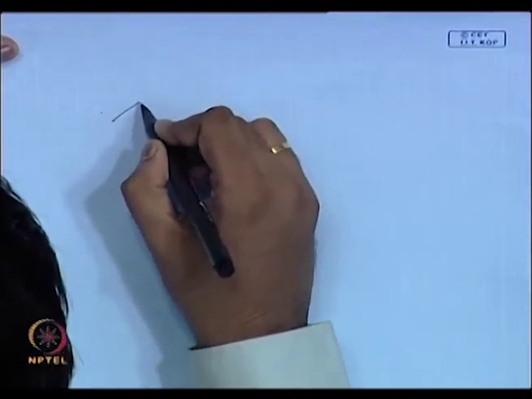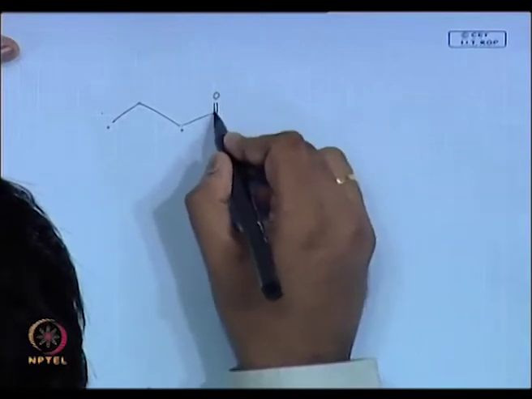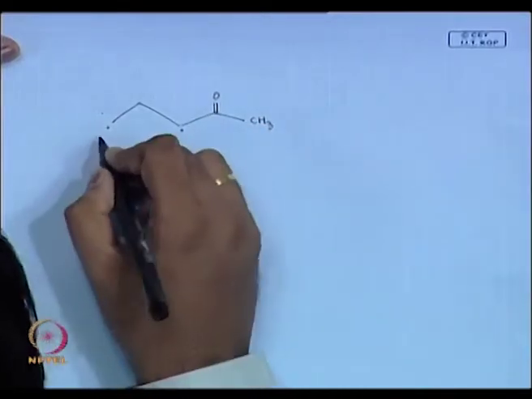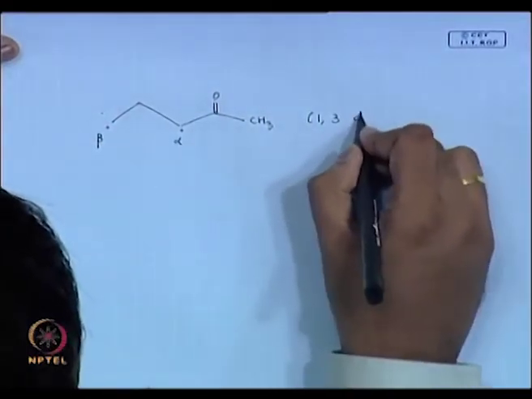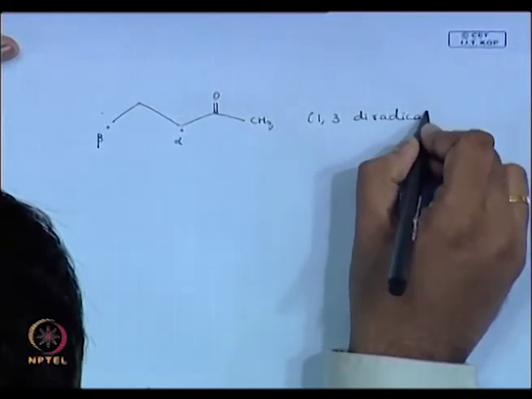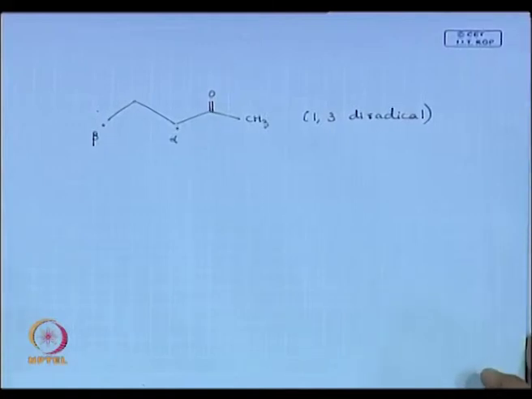What does this 1,3 diradical do, because we have studied 1,3 diradicals? We have studied 1,5 diradicals, we have studied 1,4, we have studied 1,3 diradicals. So, what does this 1,3 diradical do?